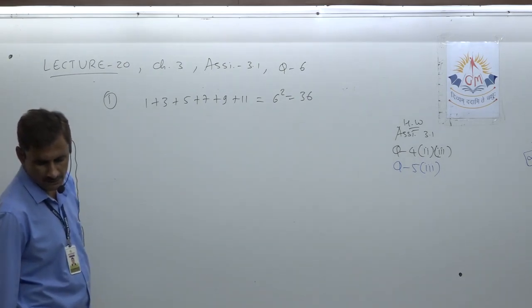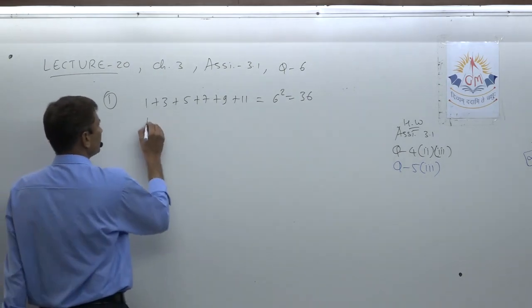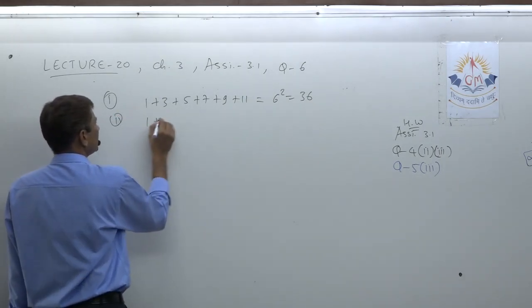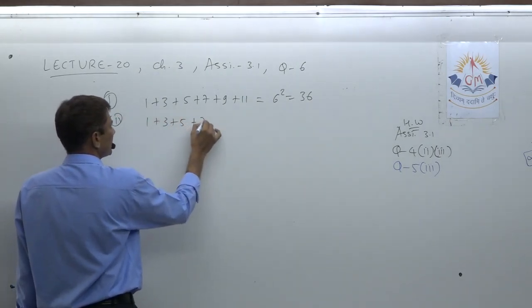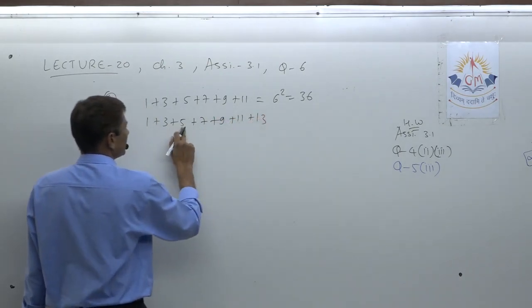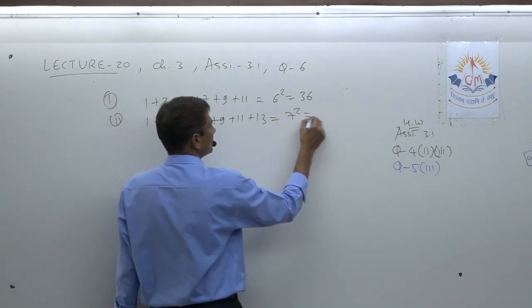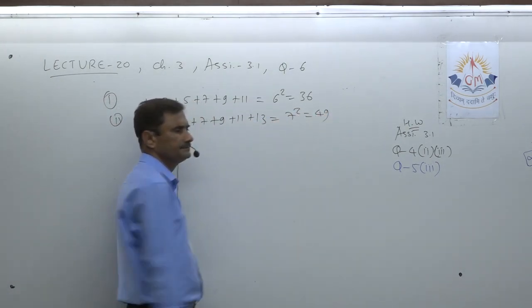Now in the second one, there are 7 numbers total. So 1 plus 3 plus 5 plus 7 plus 9 plus 11 plus 13. How many are there? 1, 2, 3, 4, 5, 6, 7. So 7 square, 49.